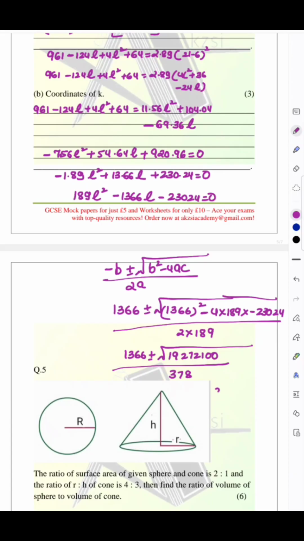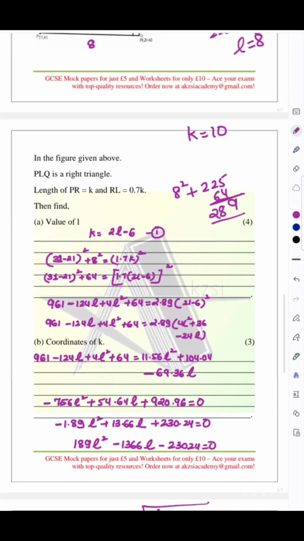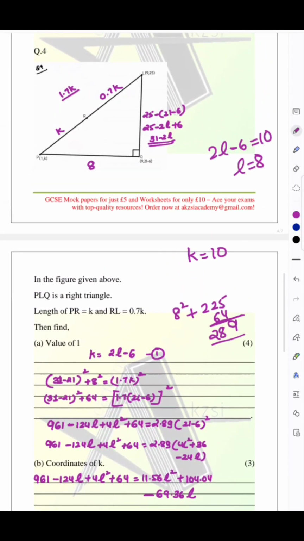And finally, on solving, I'll get x1 and x2, or I can say L1 is 15.2 and L2 is negative 8, and we can put both the values because L is like 31 minus 2L in terms of it, which is perfectly fine.